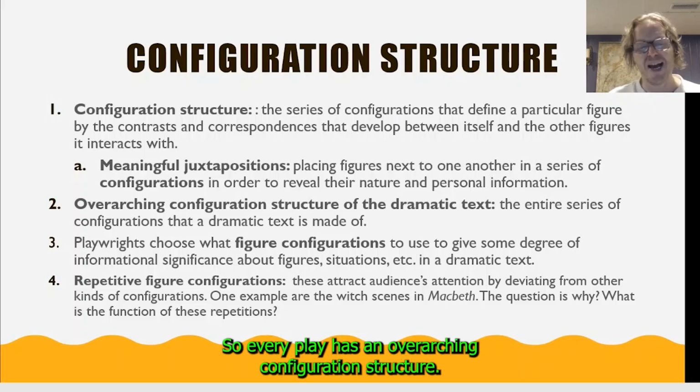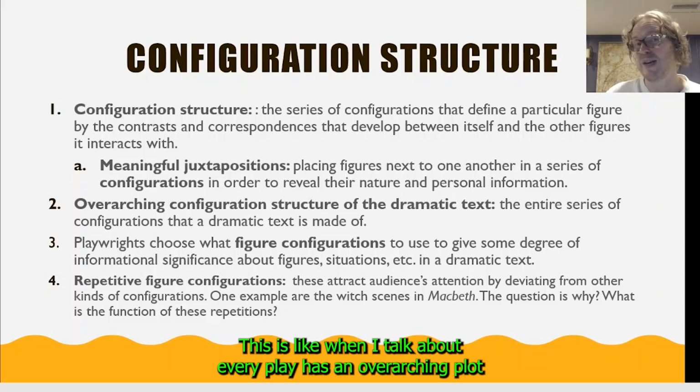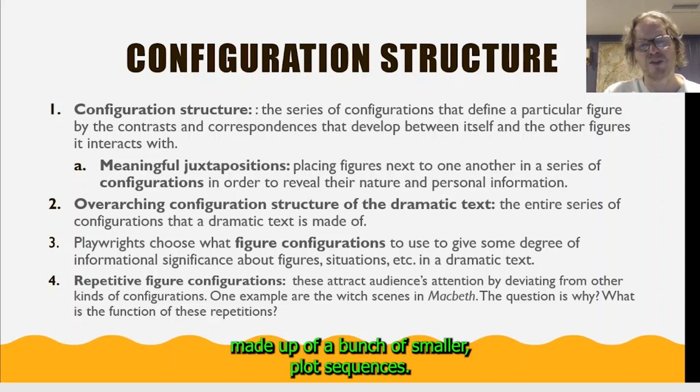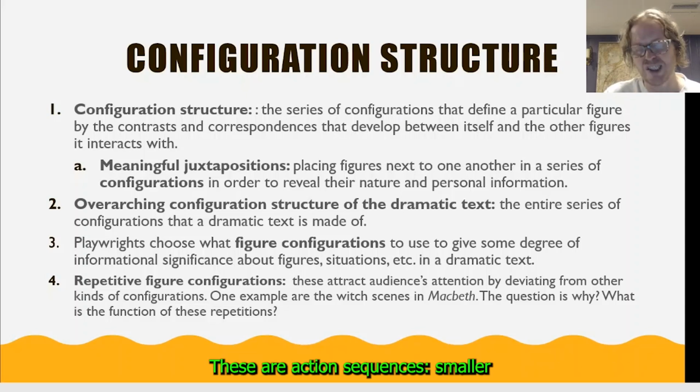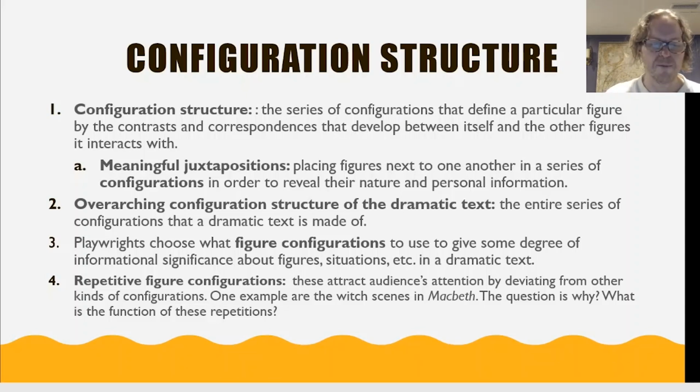So every play has an overarching configuration structure, and that is made up of a lot of little configurations. This is like when I talk about every play has an overarching plot, sequence of events, and that plot is made up of a bunch of smaller plot sequences or action sequences, smaller sequences of events that put together make up the whole plot.